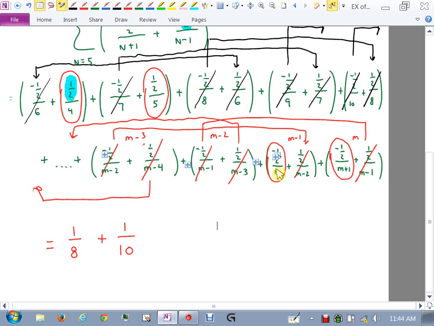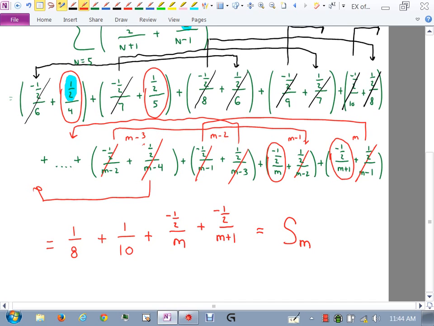And then right here, I'm just going to leave that. That's plus negative 1/2 over m. And then the last one there, plus negative 1/2 over m plus 1. This is equal to the mth partial sum, right? If I add up m of these things, it will add up to be that.